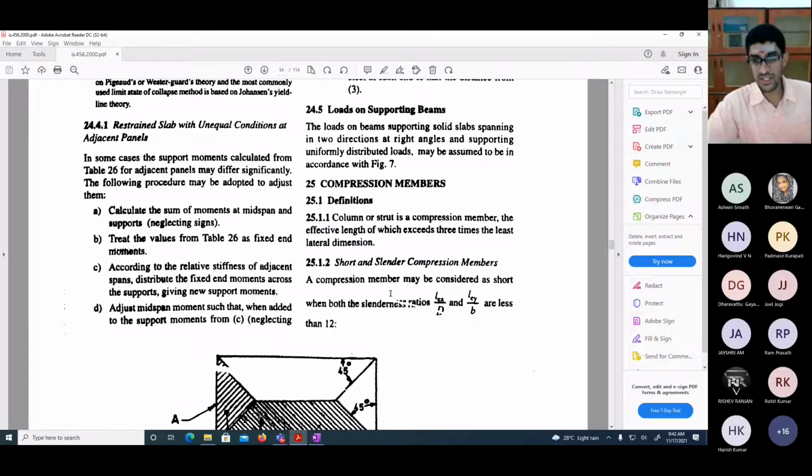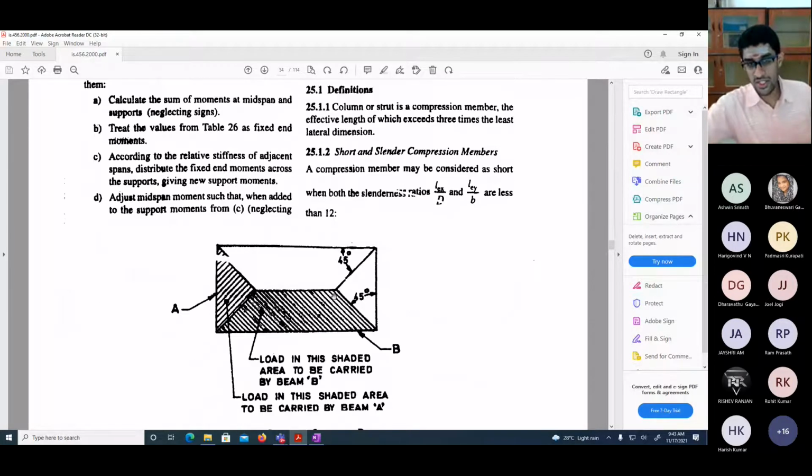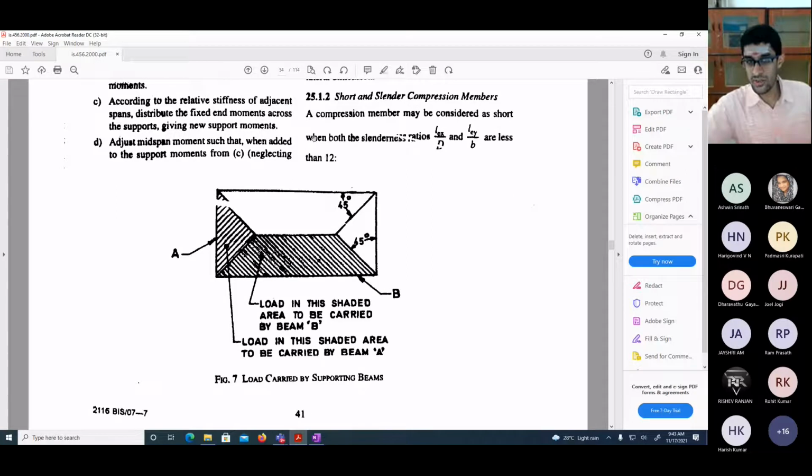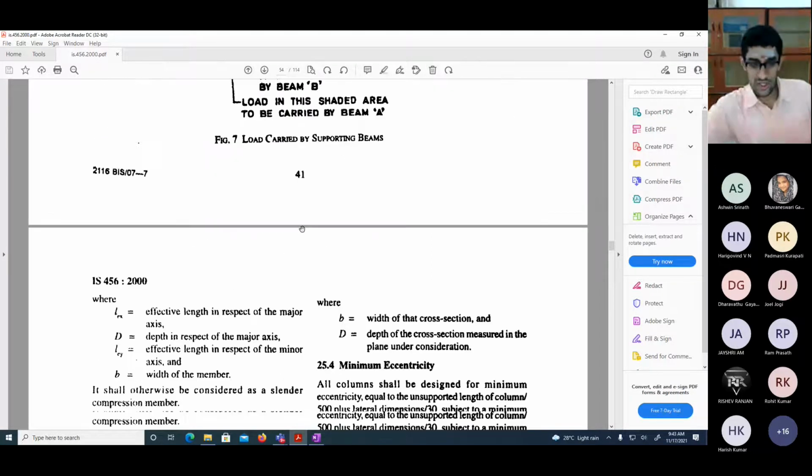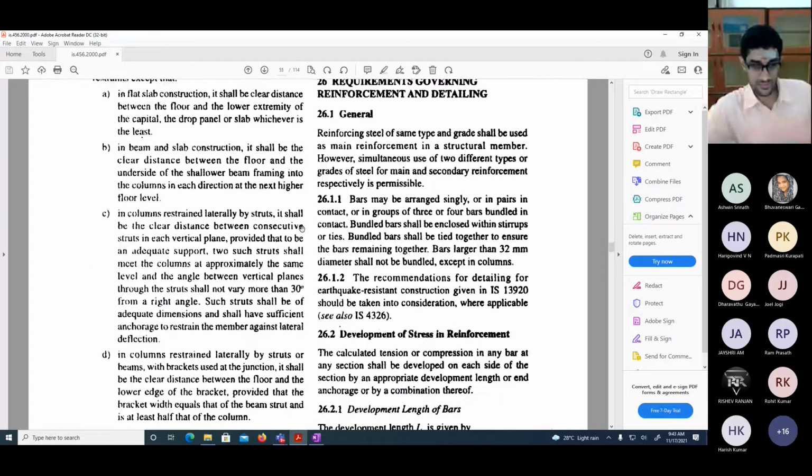But in many cases, forcing a short column may leave you with really bulky columns, very wide, very thick columns, especially if you have a very large height to support. In such cases, sometimes you may have to resort to violating this condition that it is less than 12. So what happens then?